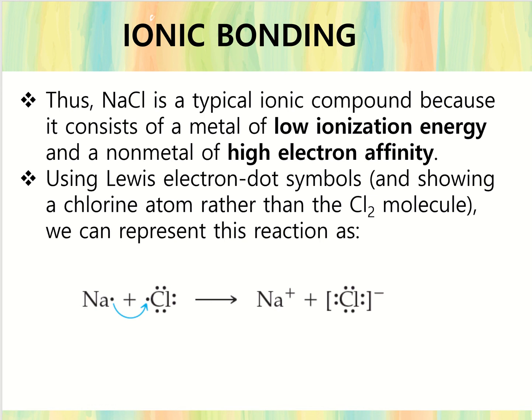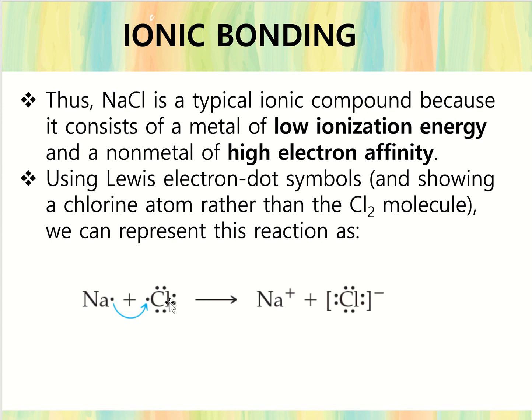Using the Lewis electron dot symbols and showing the chlorine atom rather than the chlorine molecule, we can represent this reaction as seen here below. Just a point to note: the species that actually reacts with sodium is the gas, which is diatomic.